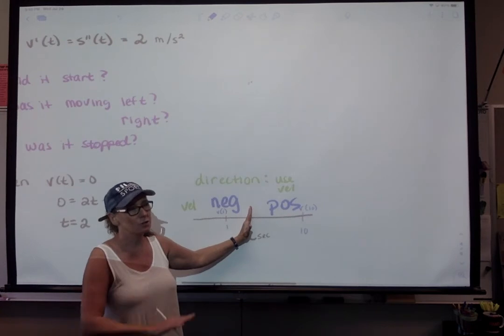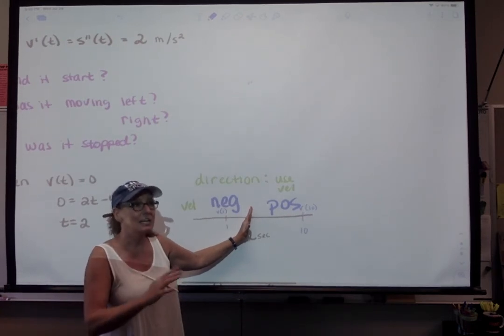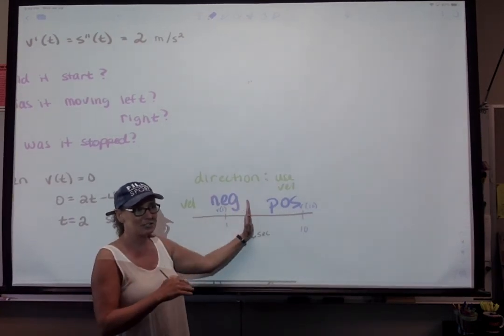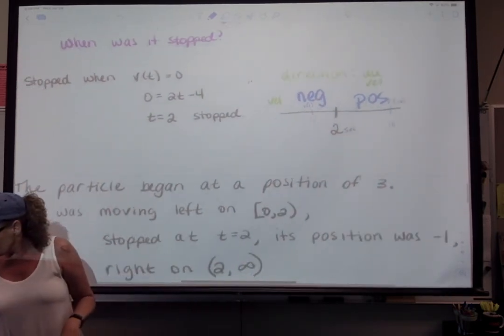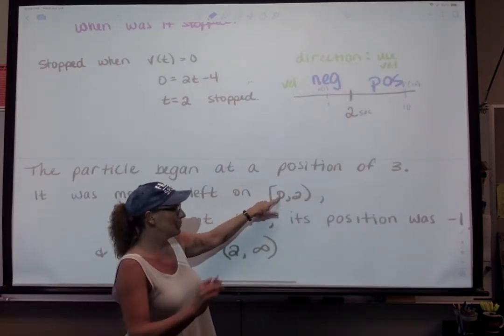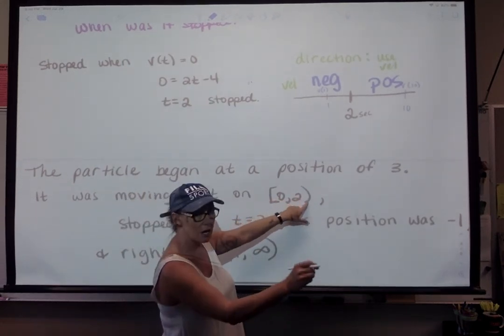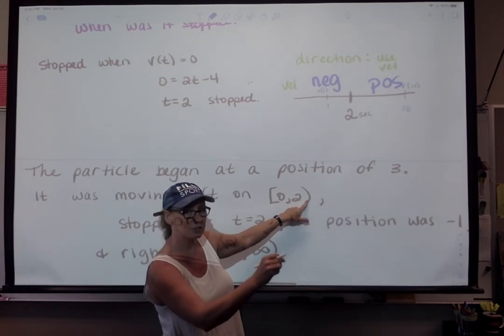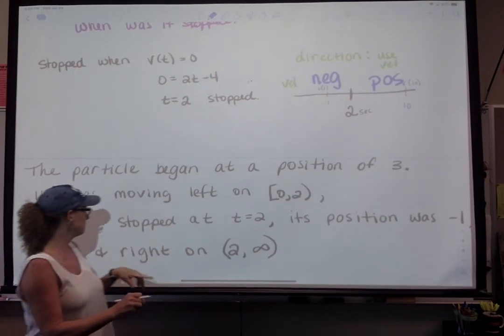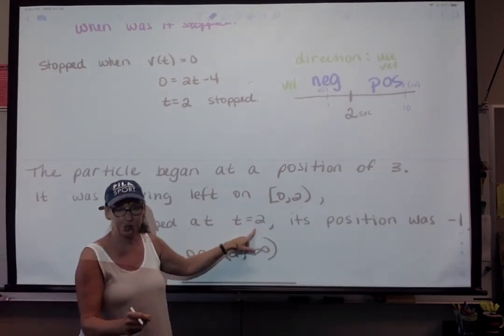But when I go to answer the question, I can't say it was moving to the left from negative infinity to 2 because time can't be negative. So, from 0 and including 0 to 2, not including 2. You know why? It wasn't moving left at 2. It was stopped at 2.